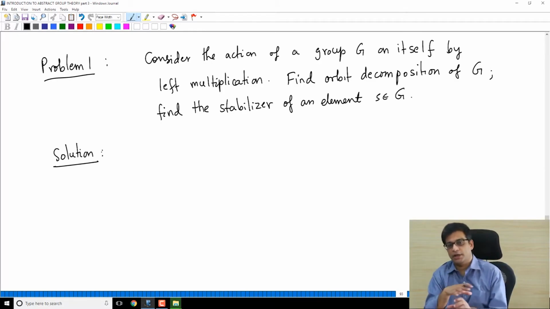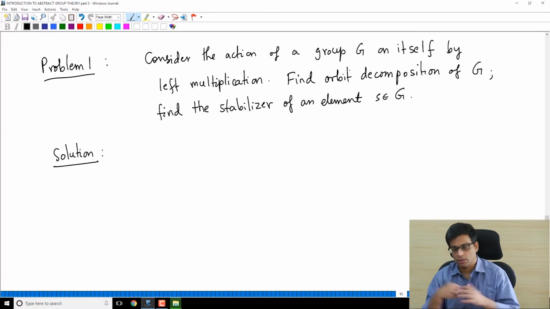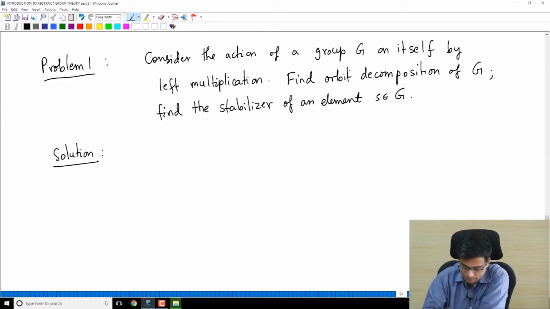Because G is partitioned as a disjoint union of orbits, I want you to find all orbits of G and see what the orbits are whose disjoint union is G. Similarly, given an element small s, find its stabilizer.